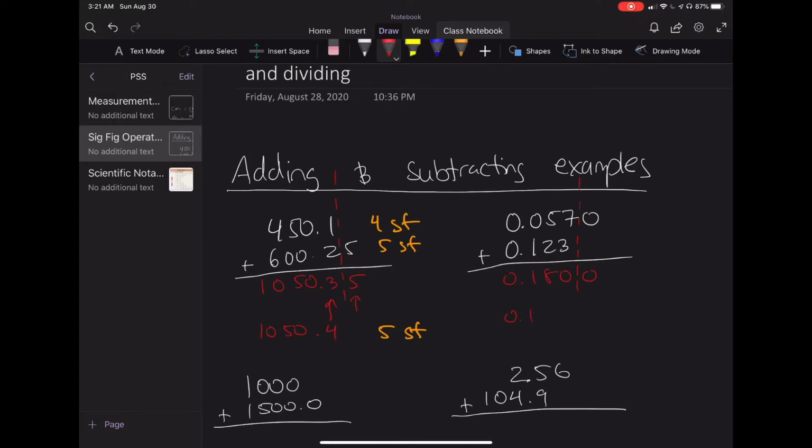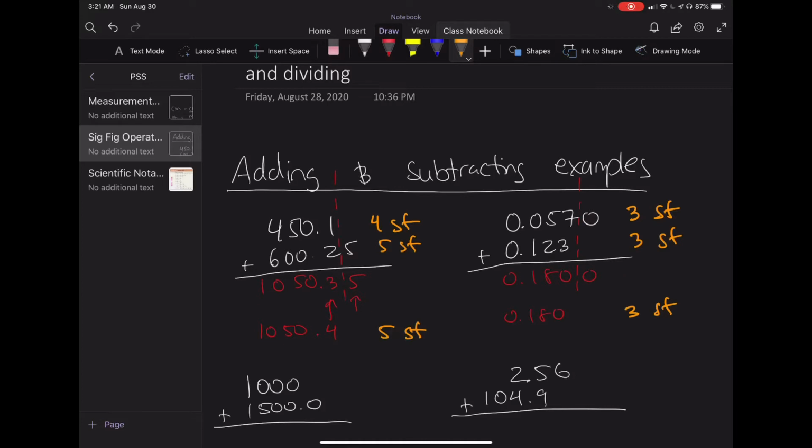So my final answer is 0.180. Just to remind ourselves how many sig figs these numbers have, the first quantity had 3 sig figs, the second quantity had 3 sig figs, and our final answer happens to also have 3 sig figs.